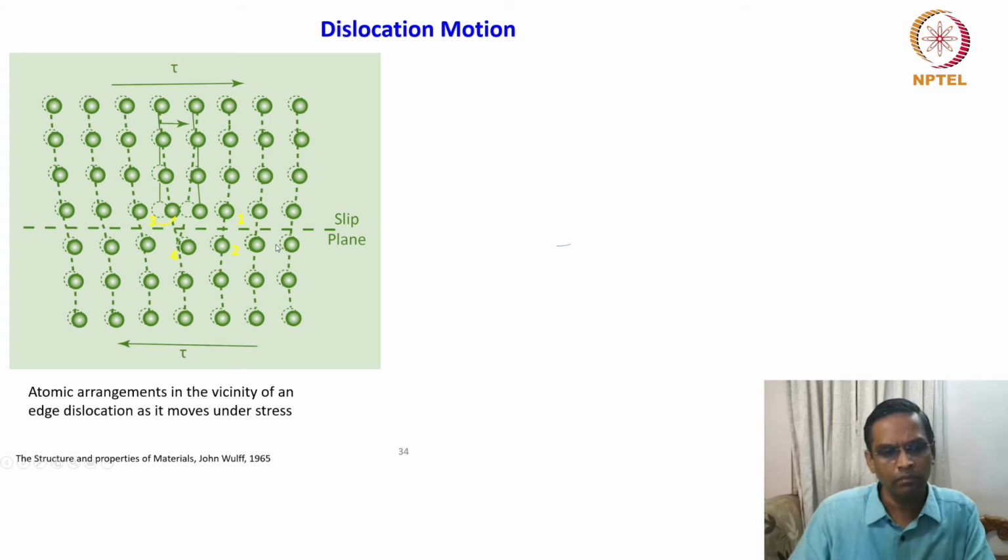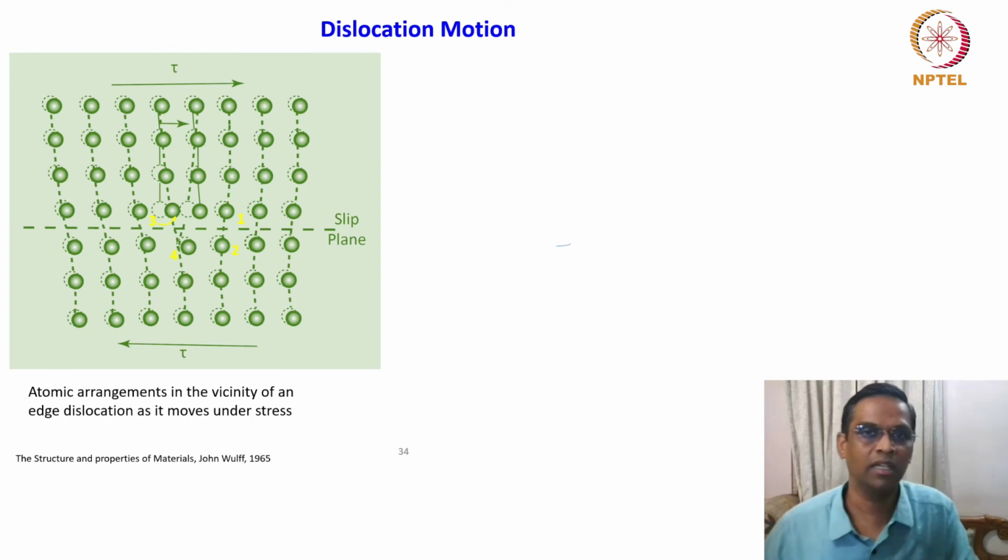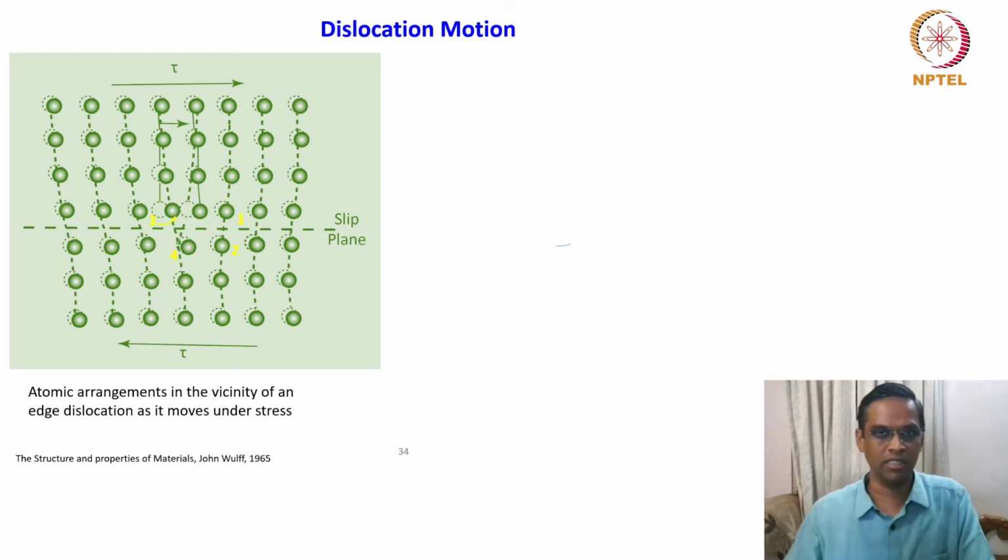We are now trying to give some atomistic account of how a dislocation moves. Please remember that we are still talking about elastic deformation, because the full stress field and energy is described by elasticity theory only so far.